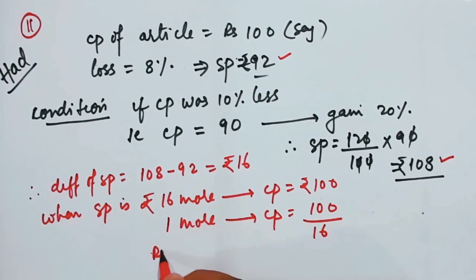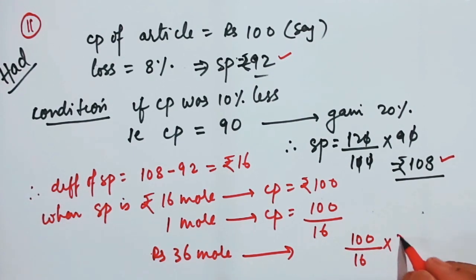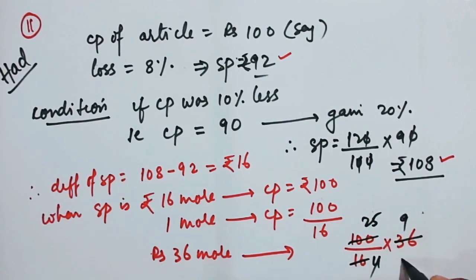Rupees 36 more, the cost price will be, just put it in the formula. Just we have calculations, nothing else. So this was 16, no? So 4 times 4 are 16, 4 9s are 36, and 4 25s are 100. 25 into 9 is 225. 225 rupees.